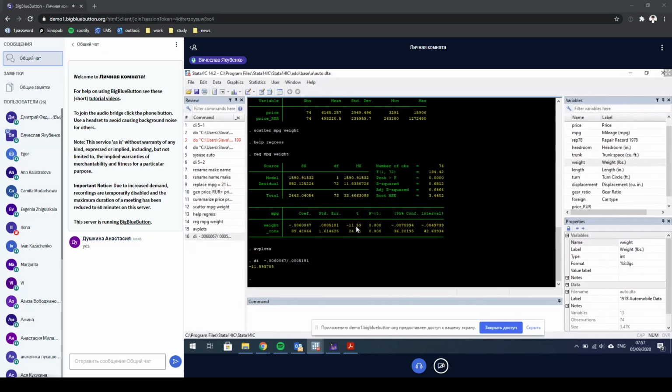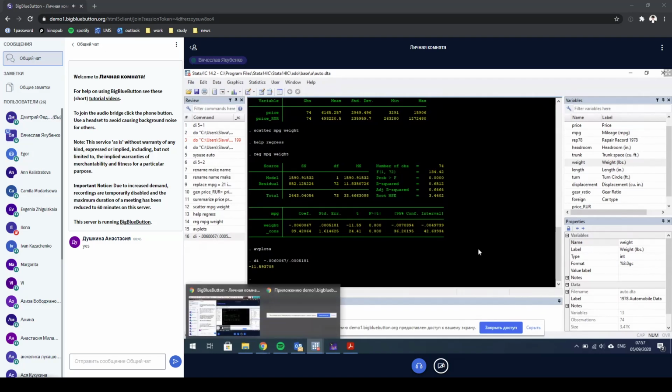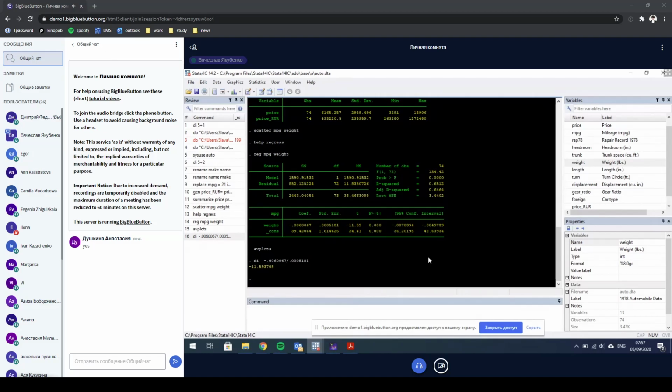The modulus of this number has to be bigger than 2. This is a rule of thumb. Of course, in the tables you will see it's sometimes a bit smaller. It depends on the number of observations, number of variables, and so on. But here we have some kind of space, so we're quite confident in this.